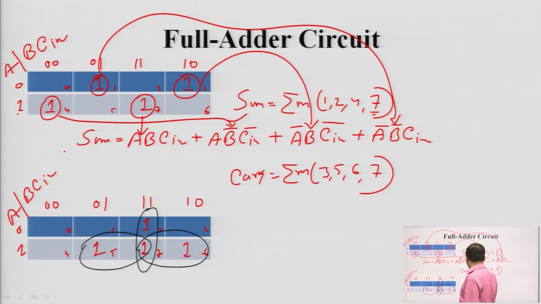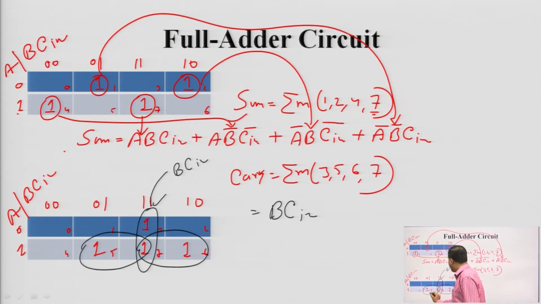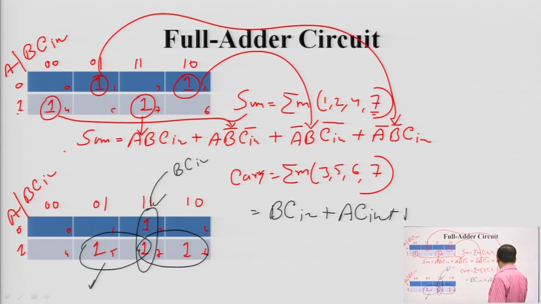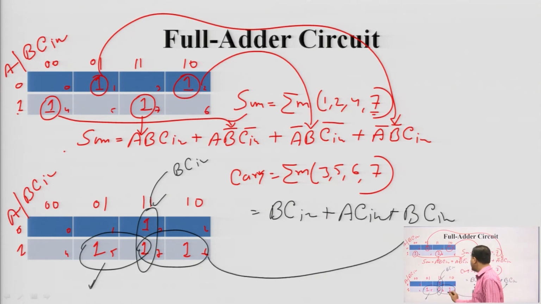The values of carry will be: for this grouping B C in, for this one A and C in, and the last one B and C in.